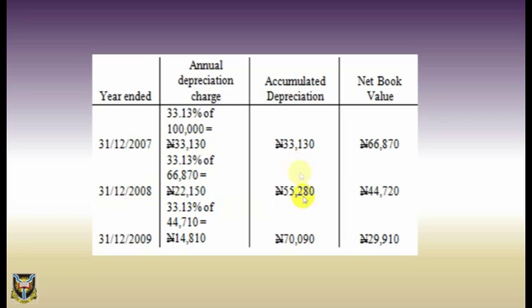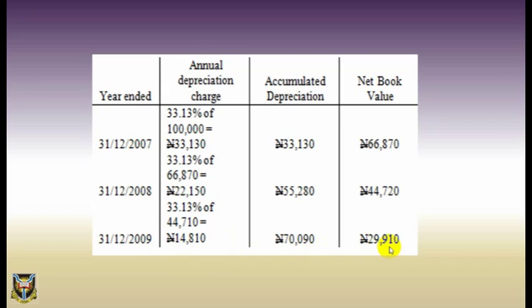Accumulated depreciation 55,280. Net book value 44,720. Annual depreciation charge in 31st/12/2009. Accumulated depreciation 70,090 naira. Net book value 29,910 naira.